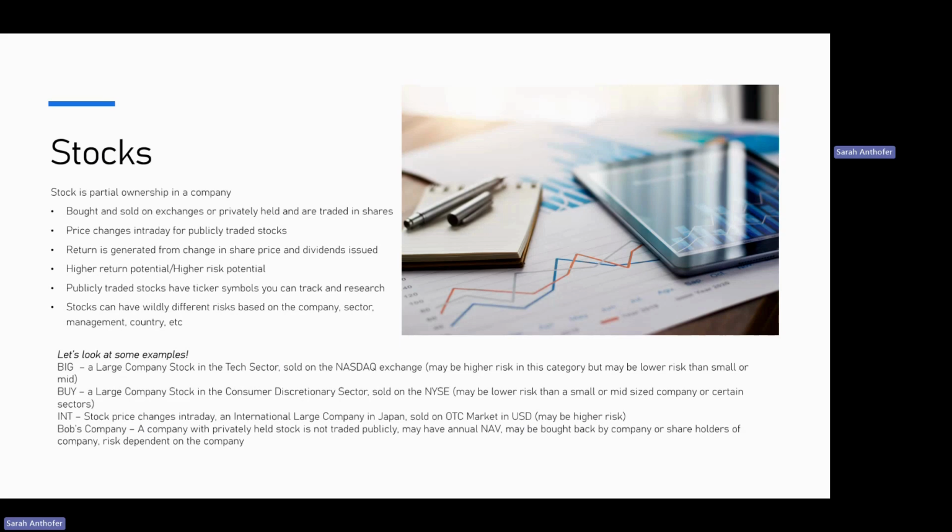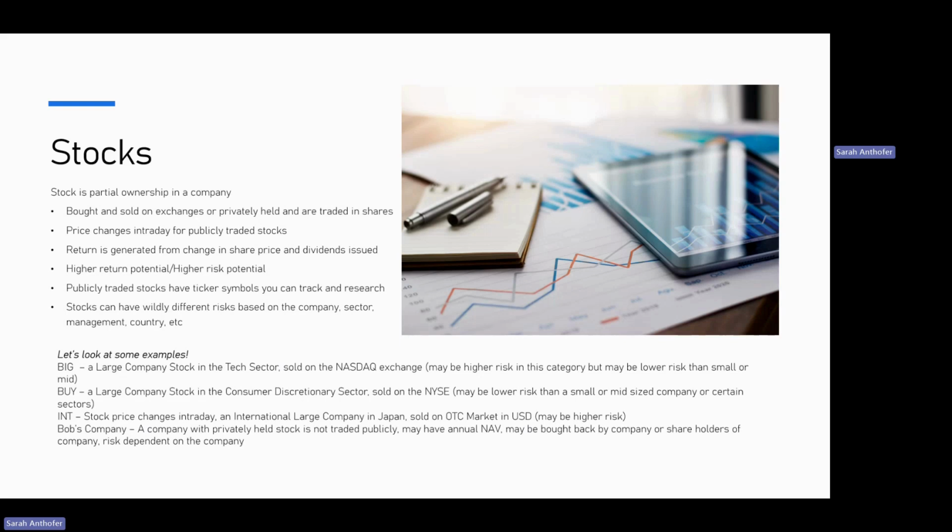So BIG, again, is a fictional company. We're saying BIG is the ticker. Generally speaking, when you're looking at a stock, it's going to have a 3 to 4 letter name, and they try to help you identify what kind of investment it is. You can see ones that are even 1 or 2 letters. Those you can look up.